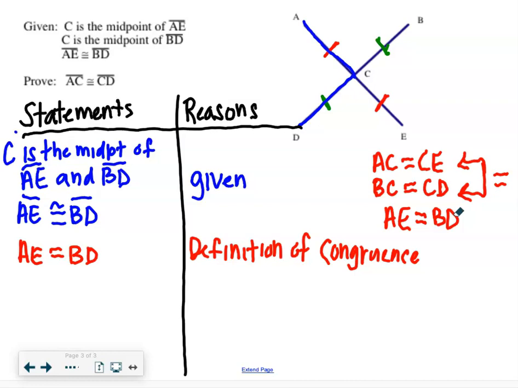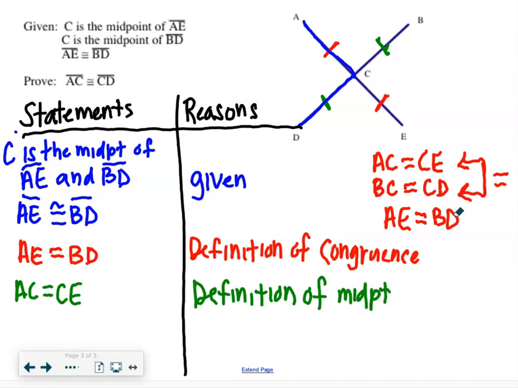Okay, so now let's go back up to the midpoint thing. So if C is the midpoint of AE, what two things are equal? Well, we would know that AC is equal to CE, definition of a midpoint. And then we would also know, if C is the midpoint of BD, that BC is also congruent to CD.